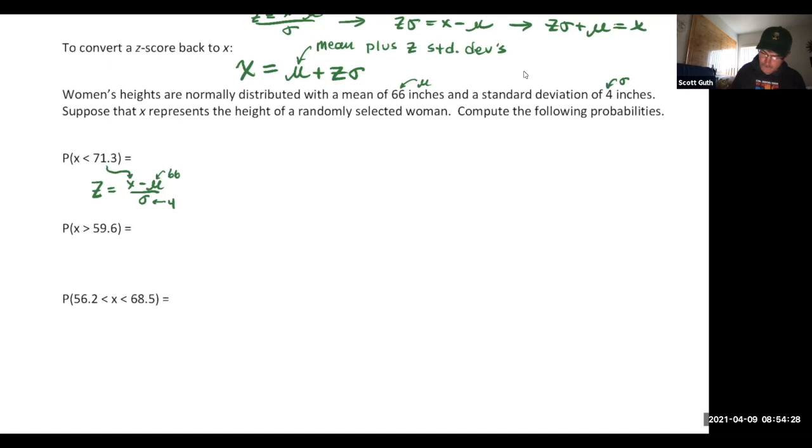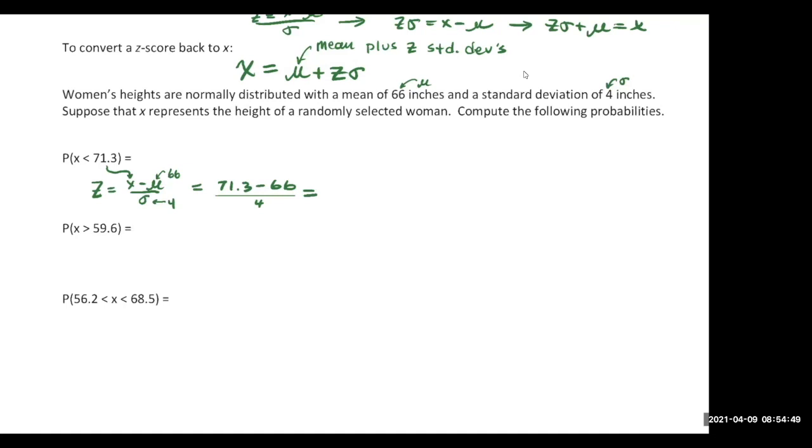It's a simple computation: 71.3 minus 66 over 4. I'm getting my calculator going and I'll wait for you to give an answer.